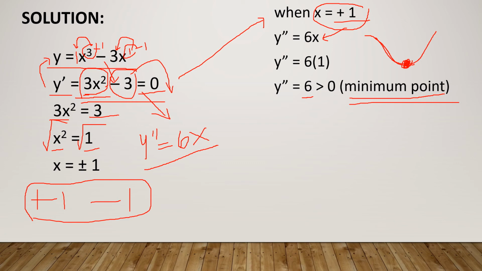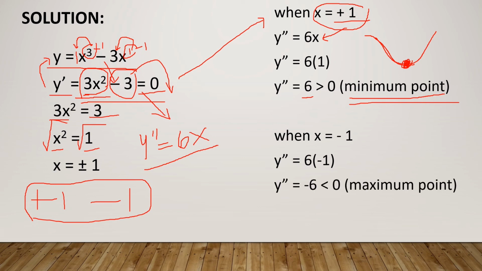Now let's move forward, when your x is equal to -1. Same process, we simply substitute -1 as the value of your x in your second derivative. So y double prime is equal to 6 multiplied by -1, so the resulting value is -6.